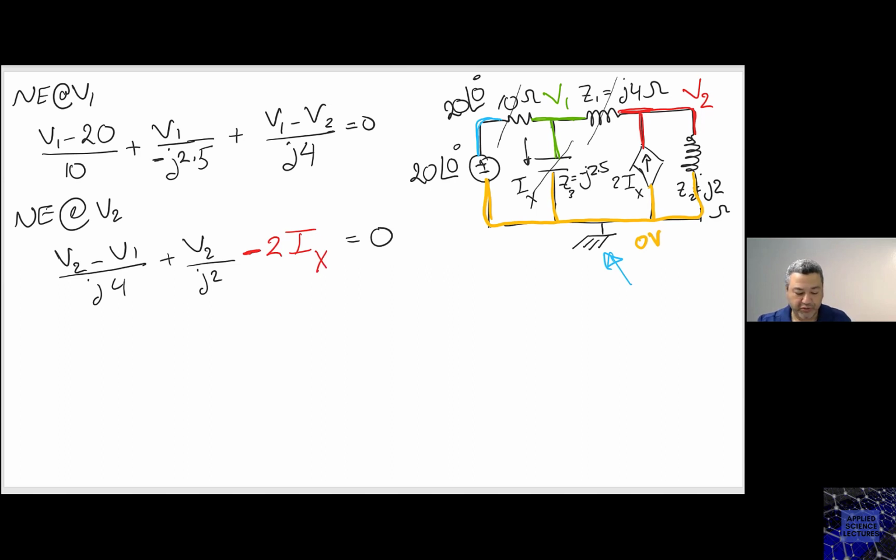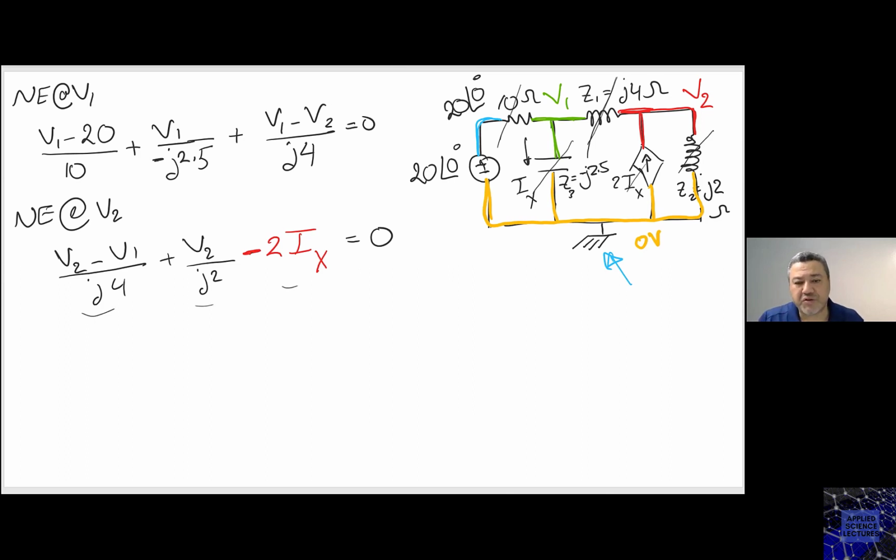V2 over J2 plus V2 minus V1 over J4 minus 2IX equals 0. Now, if you want to verify the number of the components that are connected to this V2, you can count them. 1, 2, 3. And this is what you have. 1, 2, 3.